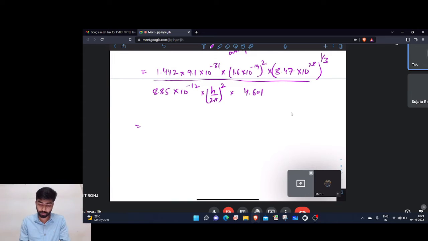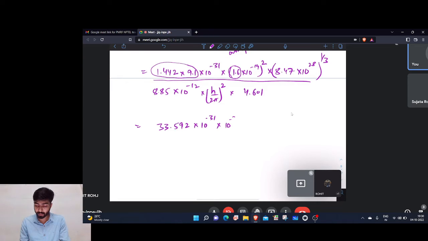So 1.442, 9.1 and 1.6 square, when collected together, count to 33.592. The 10 to the power minus 31 is from the mass of electron.